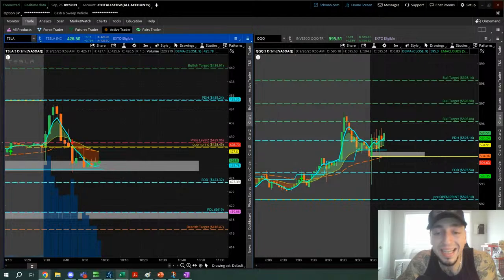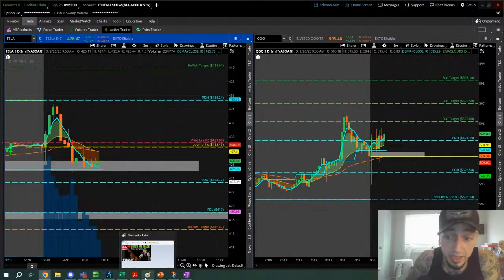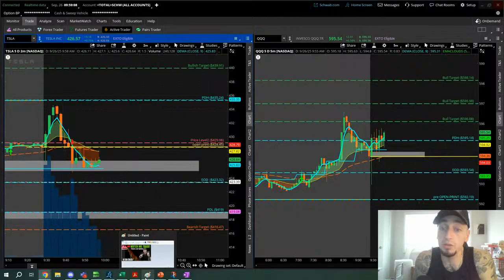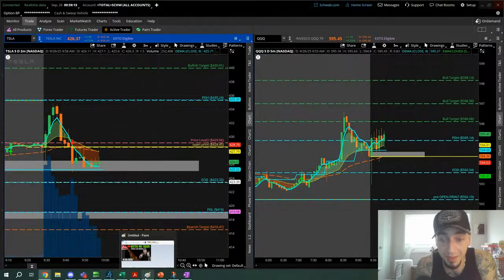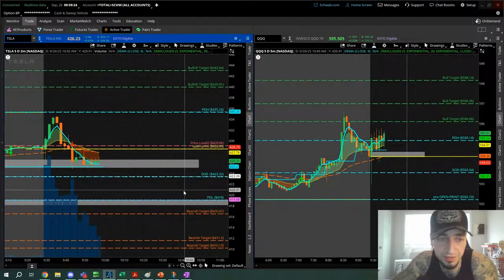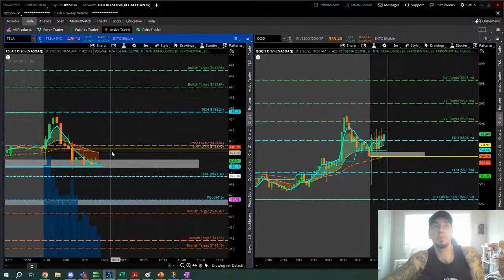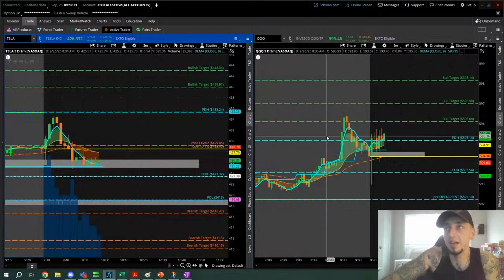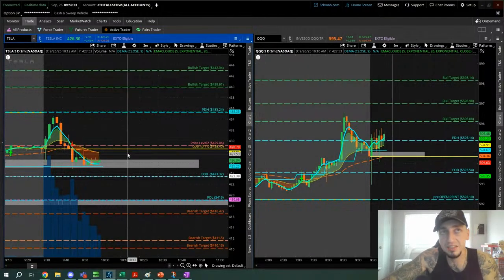If the 20 EMA is being respected, I'll trade with the 20. If the 9 EMA is being respected, I'll trade with the 9. So I like to figure out which one's actually being respected on the day and trade with that one. But yeah, I'm taking a little break on the 4. These conditions have just been so choppy. I'm sticking to the system where I'm looking for 5-minute criteria, clear retest of those values.